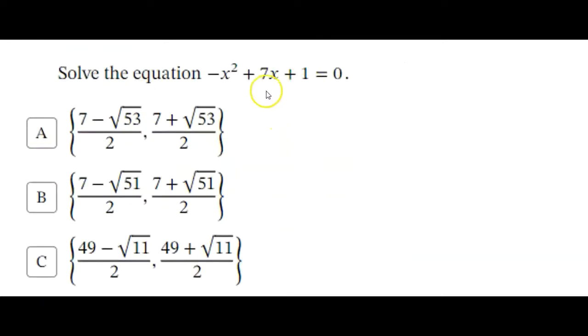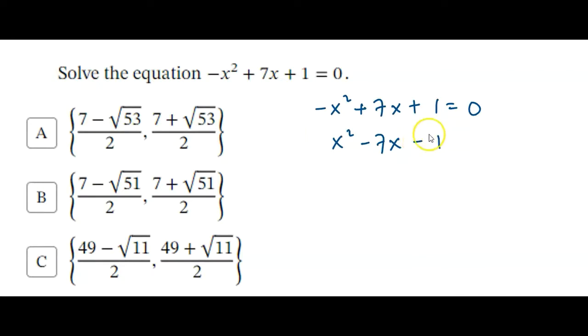In my third example, I need to solve the quadratic equation given here. I have negative x squared plus 7x plus 1 equals 0. Normally, I will make the coefficient of x squared positive first by multiplying all the terms by negative 1.